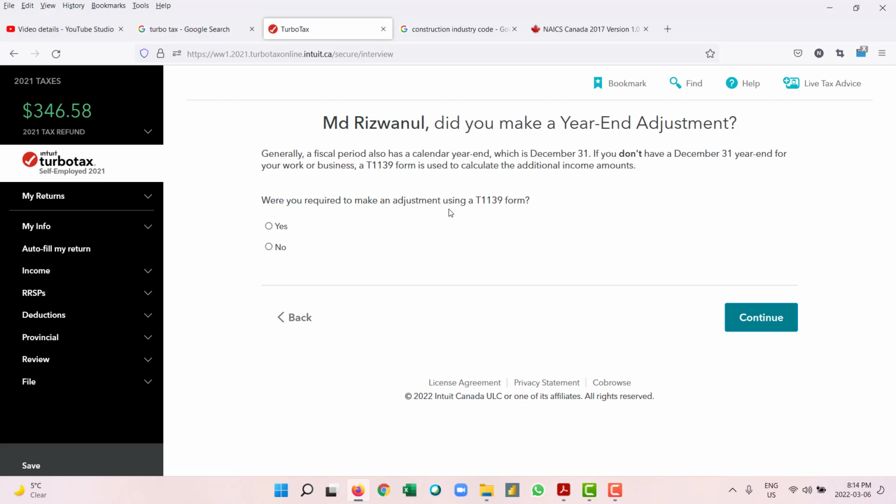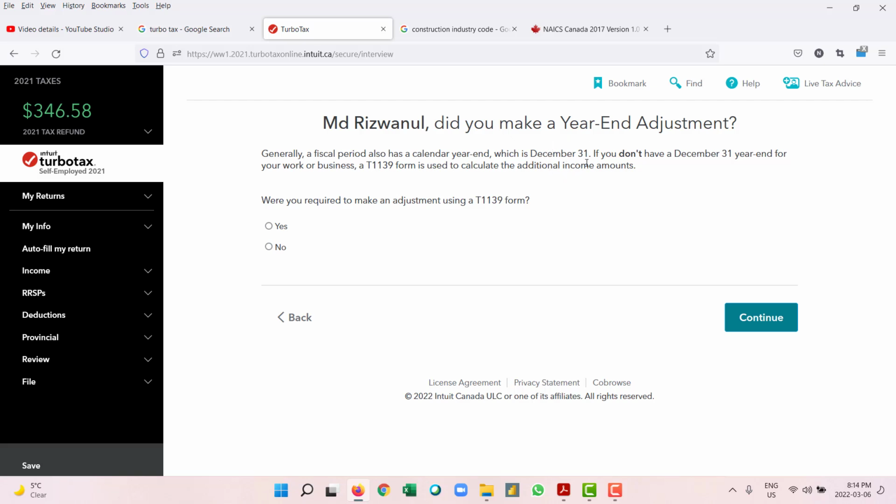Were you required to make an adjustment using a T1139 form? Generally, the fiscal period also has a calendar year end, which is December 31. If you don't have a December 31 year end, the T1139 form is used to calculate the additional income amount. So it is asking whether the company you are working for has a December 31 year end.